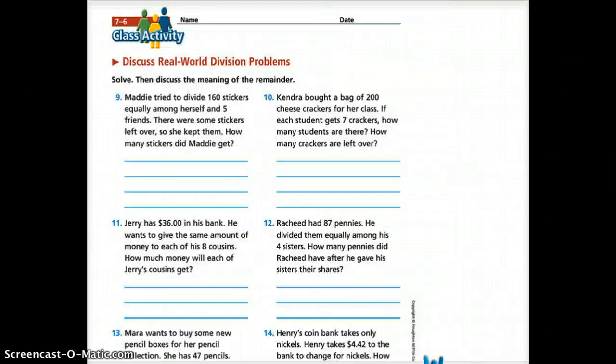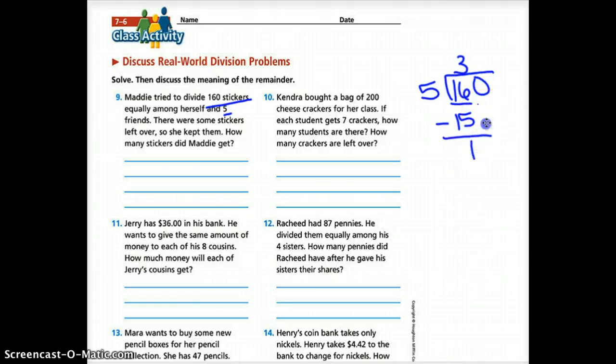All right, and the last page for today. Maddie tried to divide 160 stickers equally among herself and 5 friends. There were some left over, so she kept them. How many stickers did Maddie get? So first we have to divide 160 by her 5 friends. Okay, so 5 goes into 16 3 times.